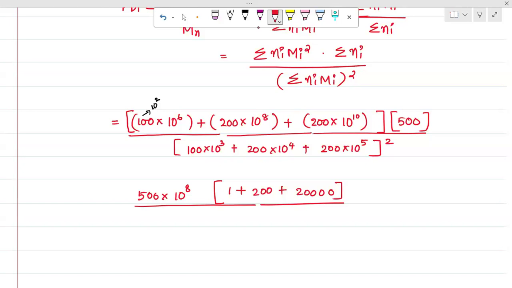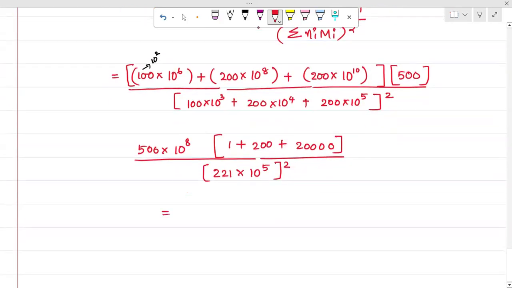Plus 200 into 10 to the power 4 plus 200 into 10 to the power 5. Correct. Is what we have. And after doing this, what I'm getting is 221 into 10 to the power 5 square.